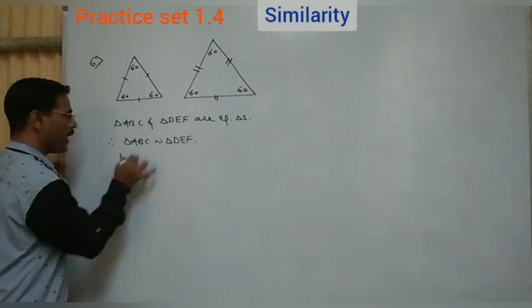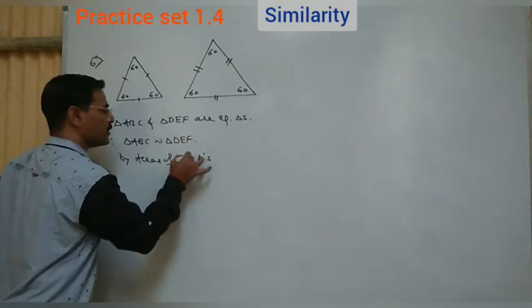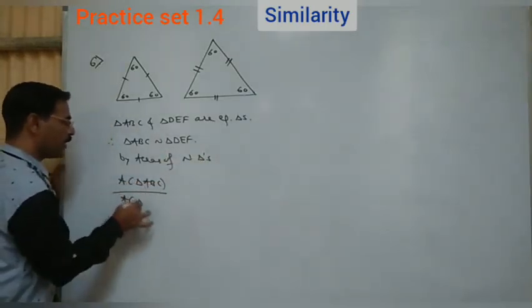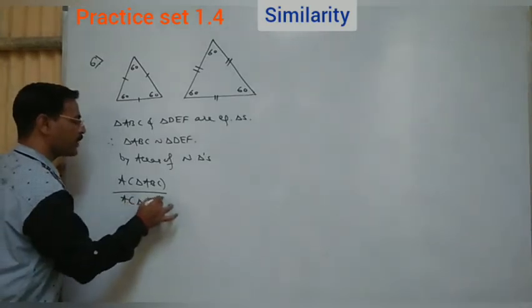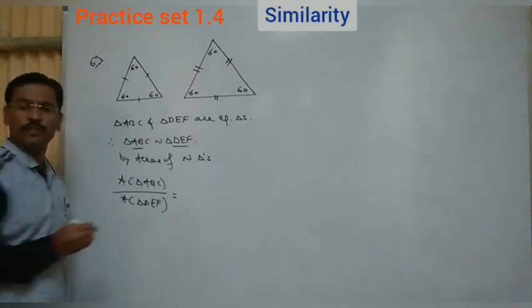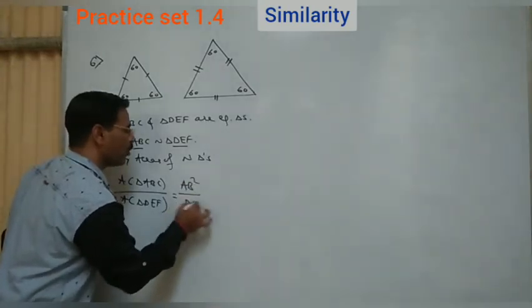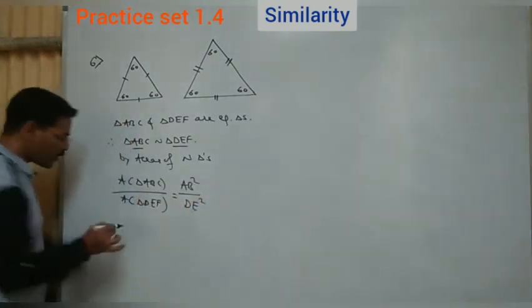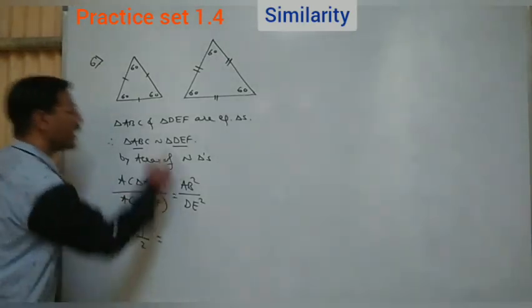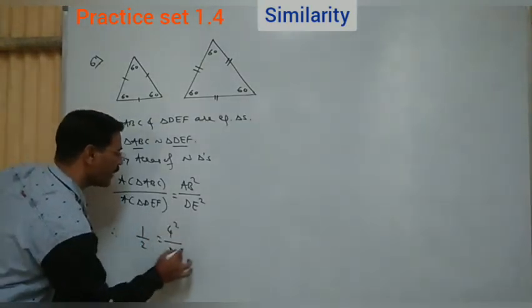We'll write, by areas of similar triangles, area of triangle ABC upon area of triangle DEF. Now we can write one corresponding side: AB and DE. So write AB square upon DE square. This ratio is given to us as 1/2. This side AB is given as 4, and DE we have to find.